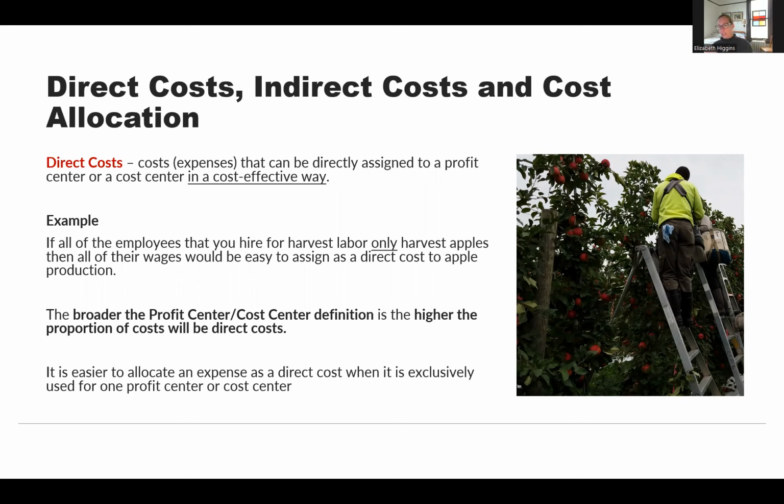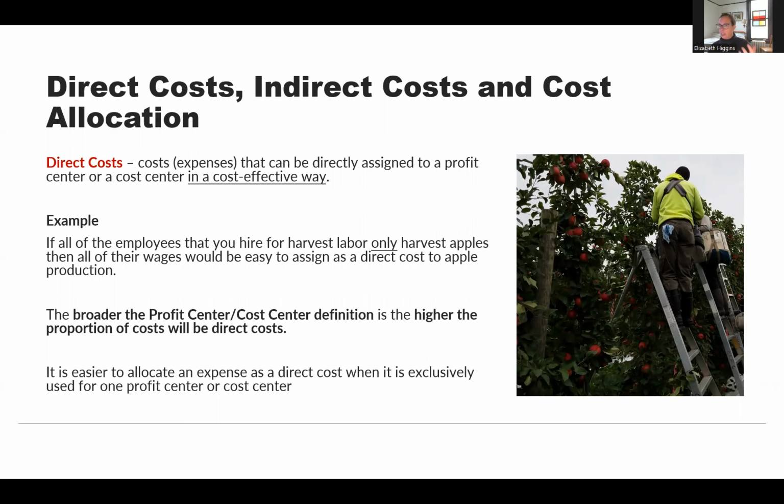If you divide things out, if you've got tree fruit production and a farm market, it's easier to allocate expenses when they're used specifically for one profit center or one cost center. So the wages for staff that only work in the farm market, it's easy to direct cost those all to the farm market, and the wages for the staff that only work in the field would all go to production.